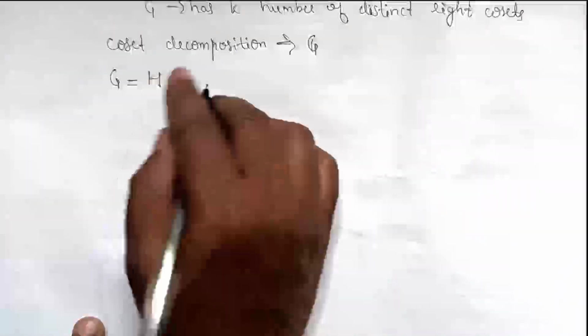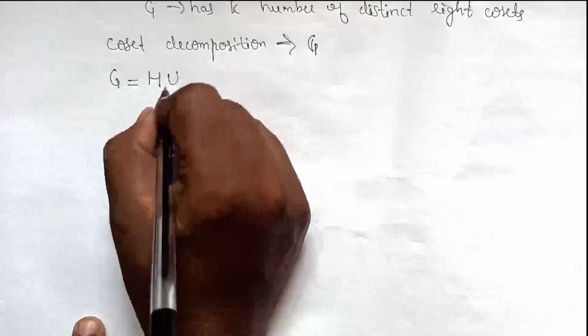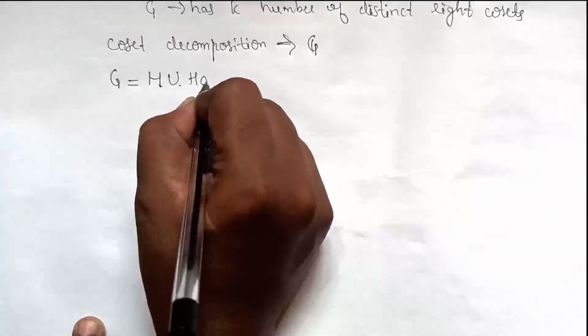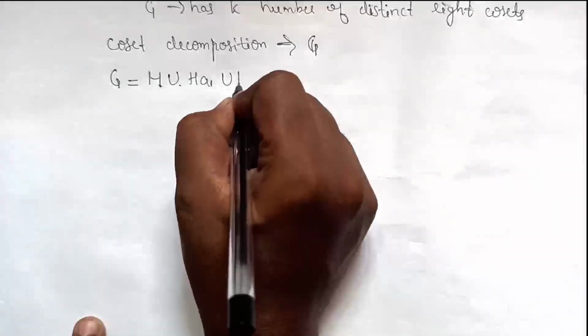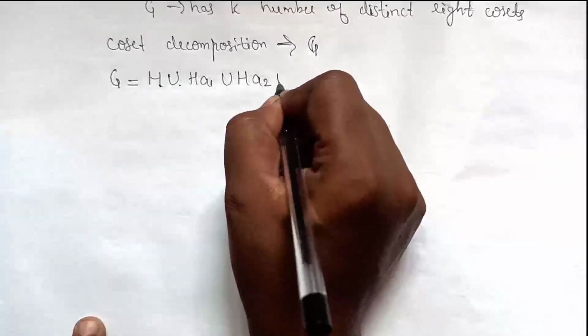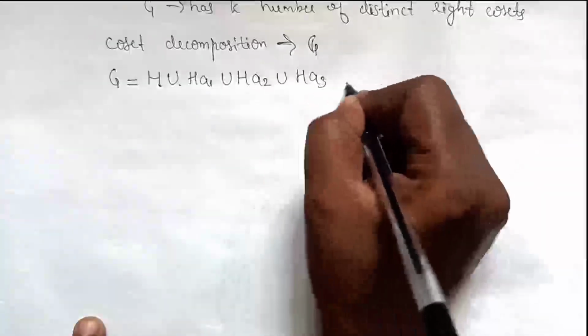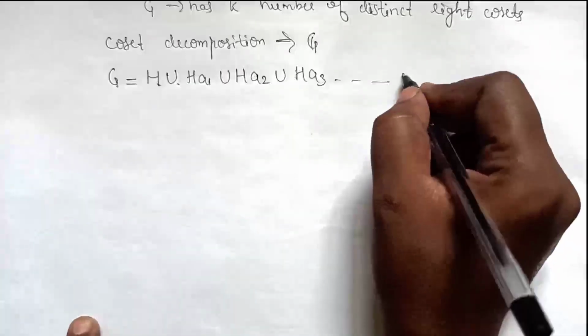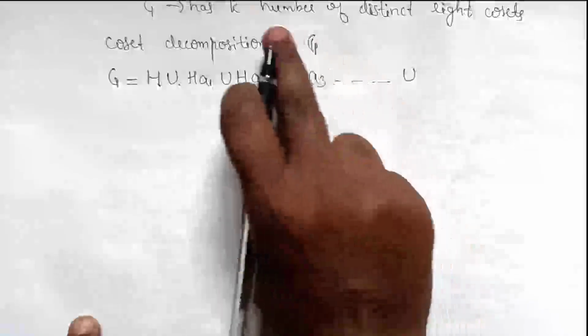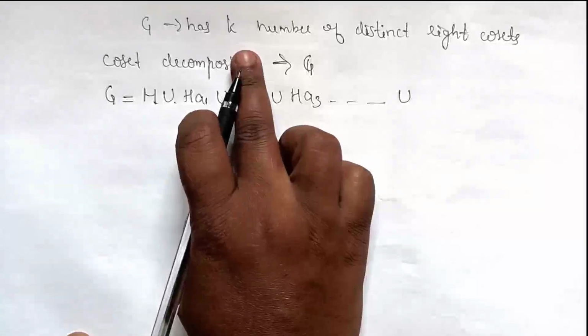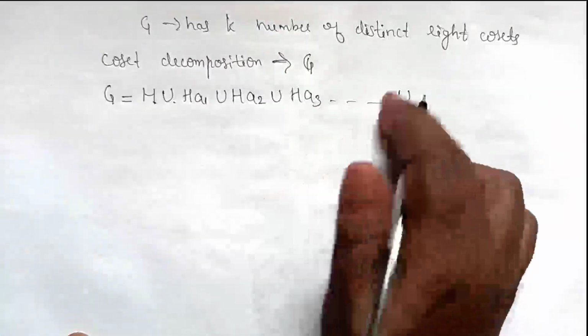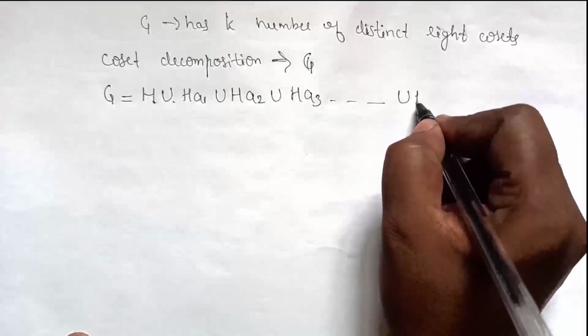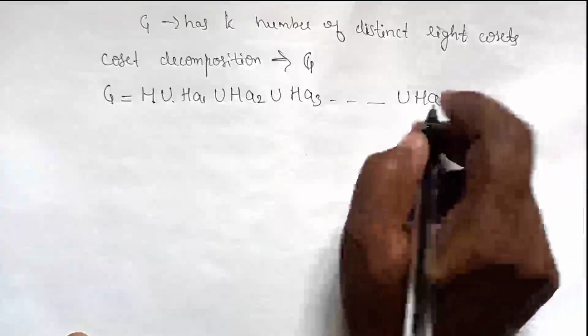Because H itself is a right coset, I will write H union Ha1 union Ha2 union Ha3, and so on. In total it has k distinct right cosets, so we can write the last one as Hak.